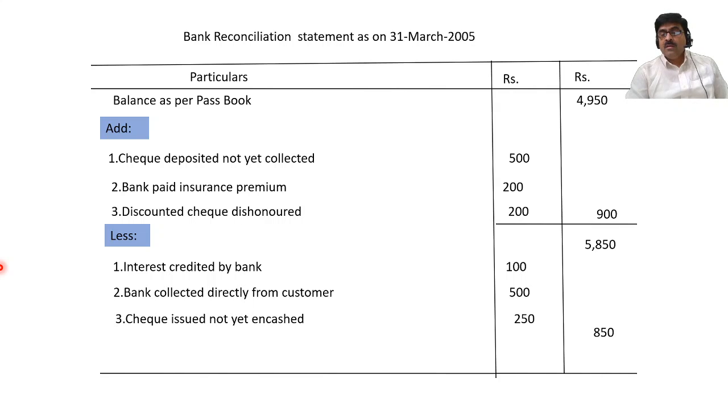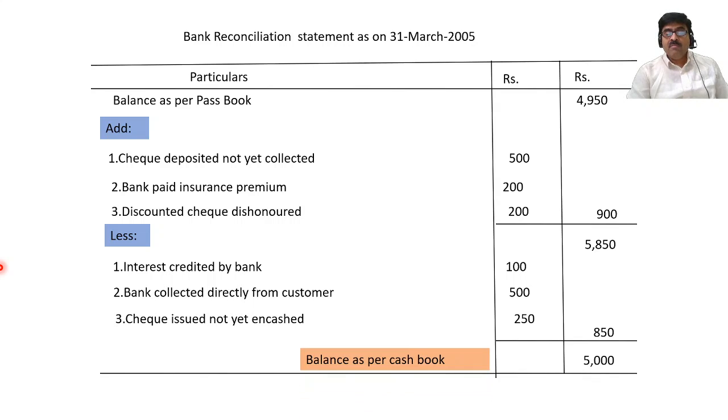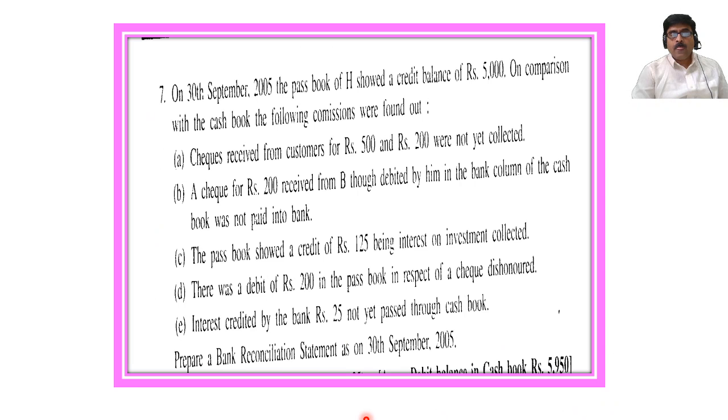Now deduct 850, the total amount of deducting items. Then we will get the balance as per cash book. This is the answer. We began the statement with the passbook and ended up with the balance of the cash book.